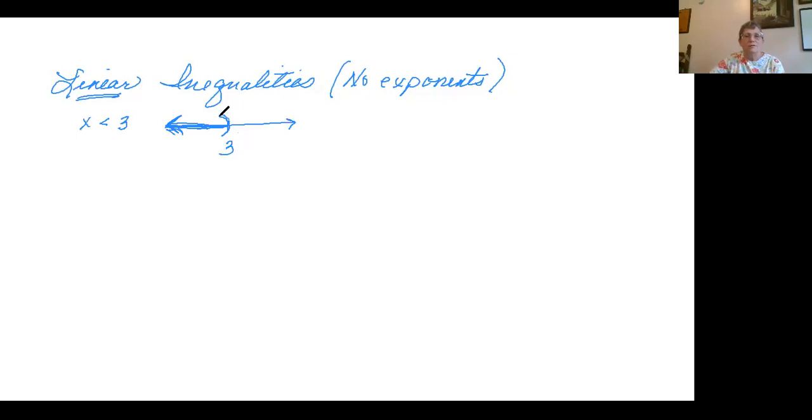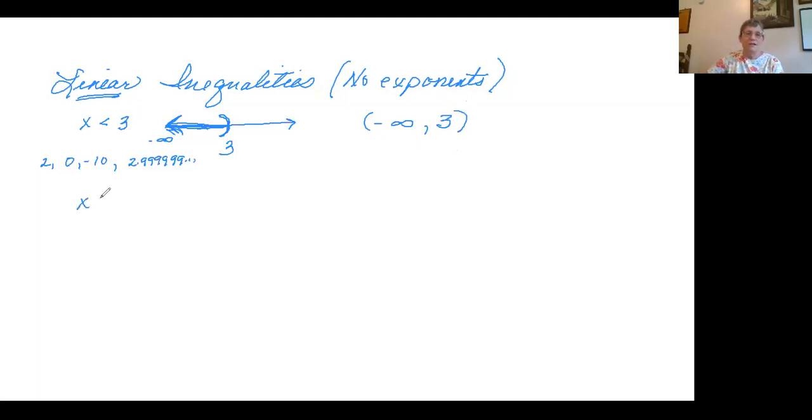I'm using a parenthesis because 3 is not an answer. 2 is an answer. 0 is an answer. -10, any negative number is an answer. 2.9999999, etc. is an answer, but not the 3. If we write this in interval notation, since the lower limit here is -infinity, in interval notation, this would be written from -infinity to 3 with parentheses on both ends.